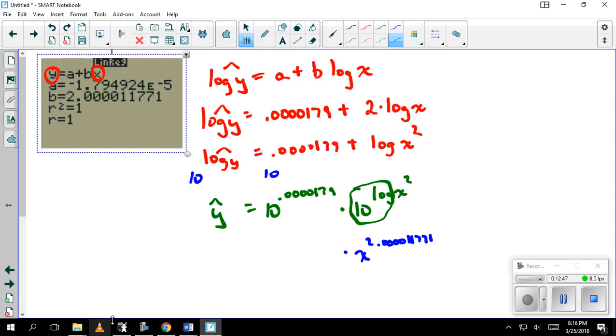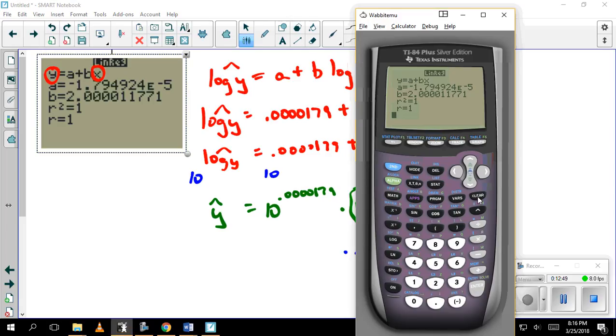Let's see if I can get my calculator into doing that for me. Remember, that was A on my calculator. So let's go 10 to the VARS statistics EQ A. I could have typed it all in, but this is clever. Oh, look at that. Basically, 1.